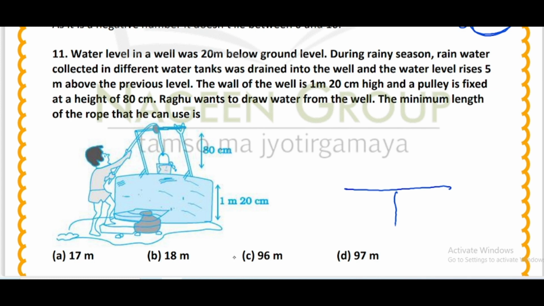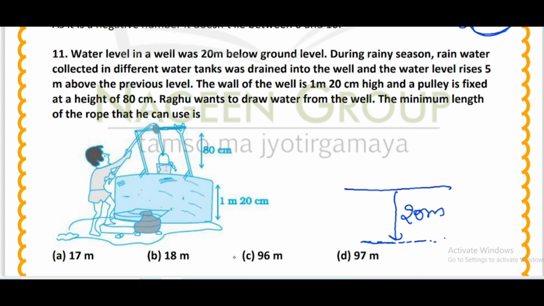The water level is 20 meter below the ground level. During rainy season, rainwater collected in different water tanks was drained into the well, and the water level rose 5 meter above the previous level.